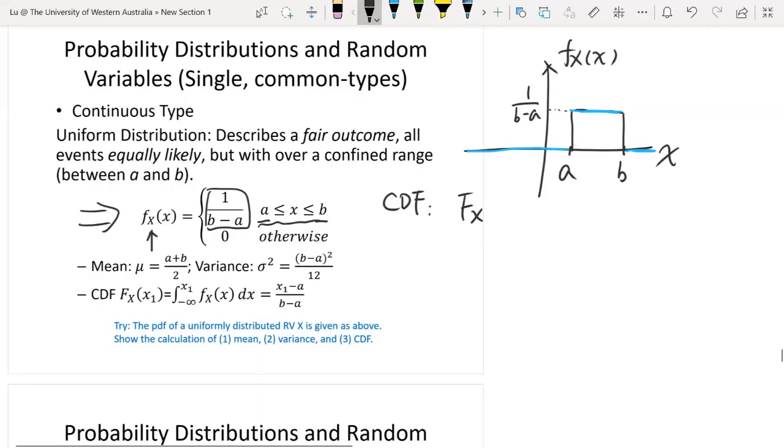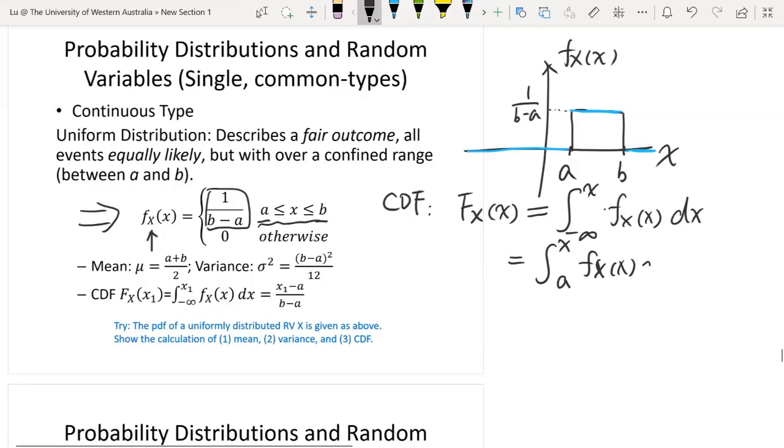So F of x, with x's name of random variable using x as the parameter, and we determine the CDF function for a random variable as the integration from negative infinity up to the x point of the PDF of it, dx. In this case, because for this particular type of random variable we get 0 values before reaching the A point, we can change this to from A to x, f of x dx.